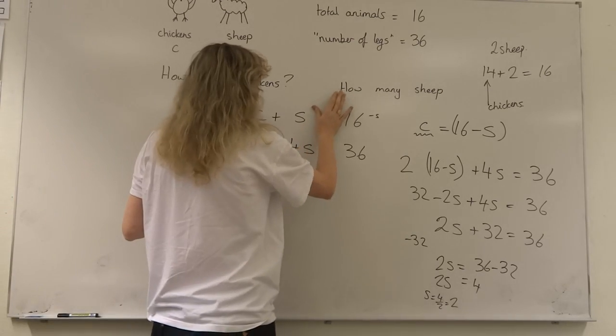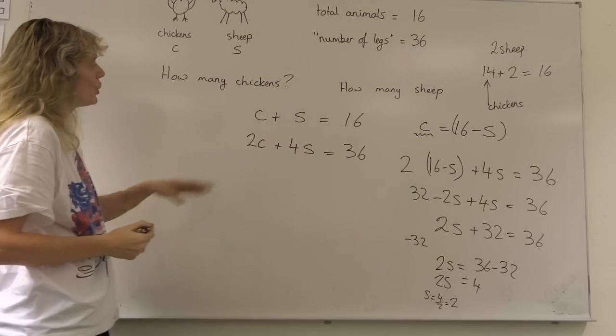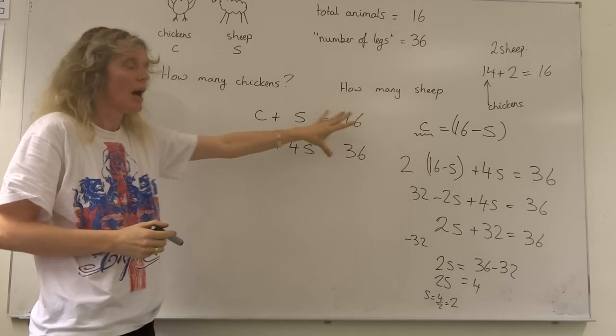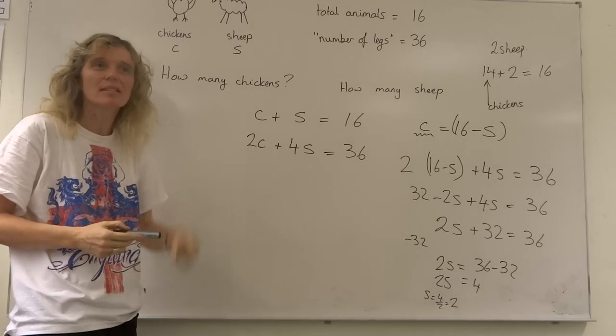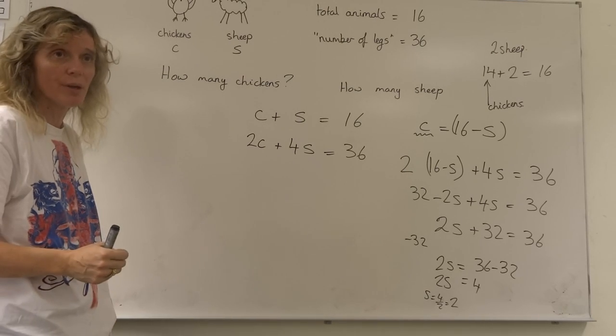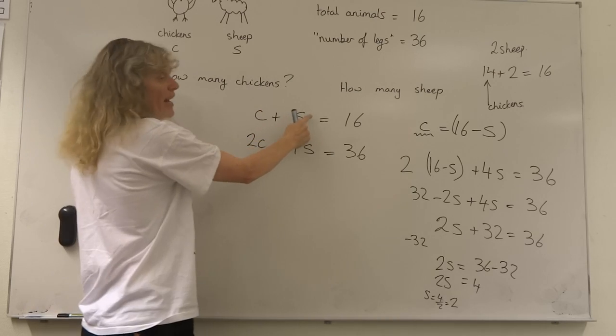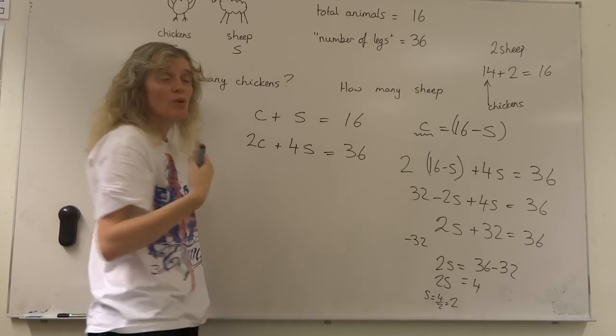Let's look at the British way then, or the way that I learned. You'd look at what you can do here. I would like to be able to cancel one of these out. And I can't cancel something out at the moment because I've got 2c down here and I've only got 1c up there. I've got 1s up there and 4 down here, so I can't cancel it.